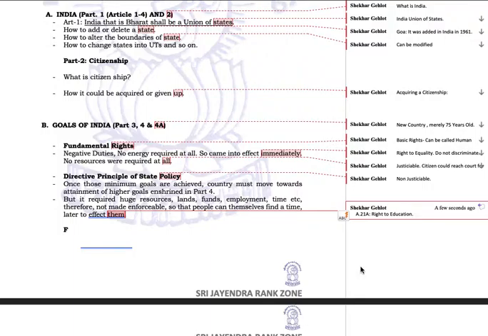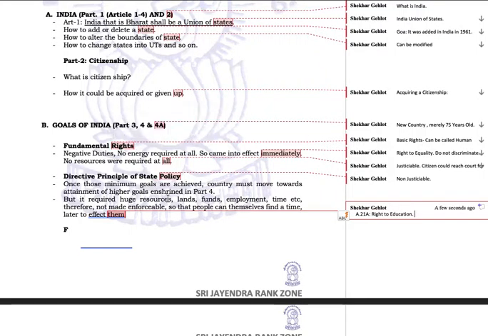This is a dream come true of the Constitution of India, because earlier it was a part of the directive principles of state policy, that the state should strive to provide free education to children till the age of 14. Now it has become a right. This DPSP has now transcended to become a fundamental right.